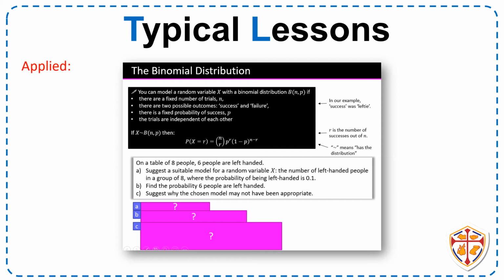However, when we're looking at larger numbers, this isn't a very efficient way. So for instance, our example uses 8 people and the probability of 6 of those people being left-handed, and the binomial distribution works out all the different combinations of that possibility and finds the probability of that.